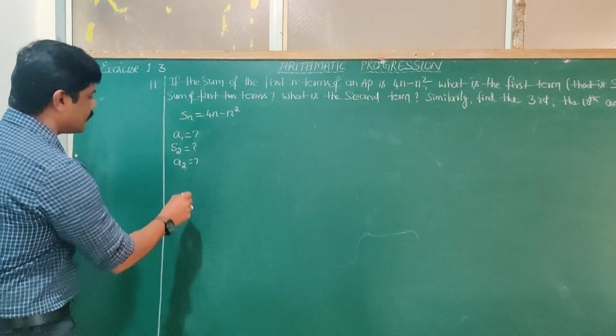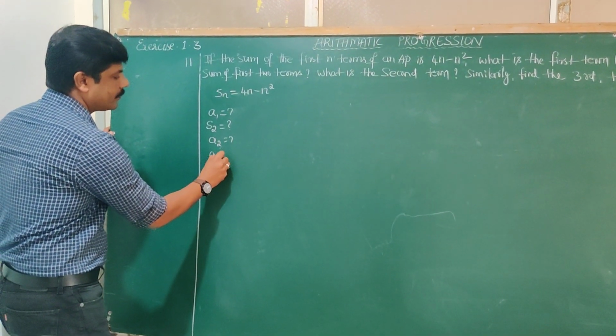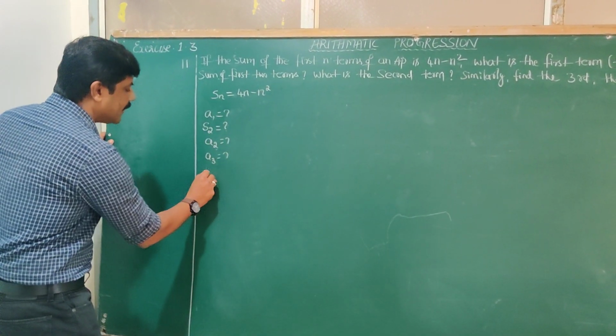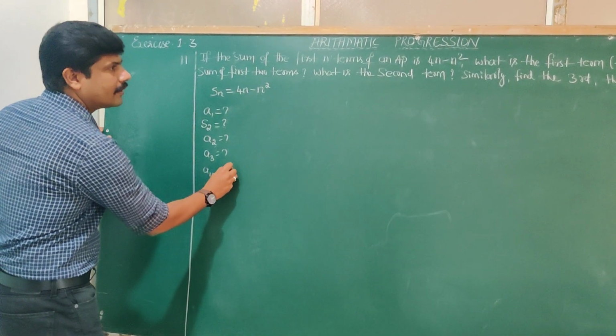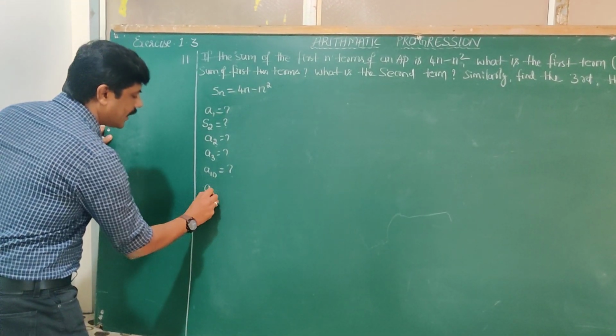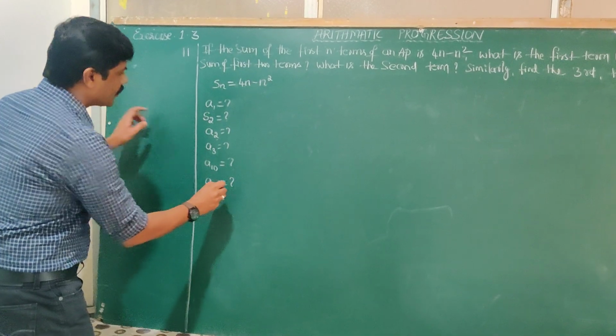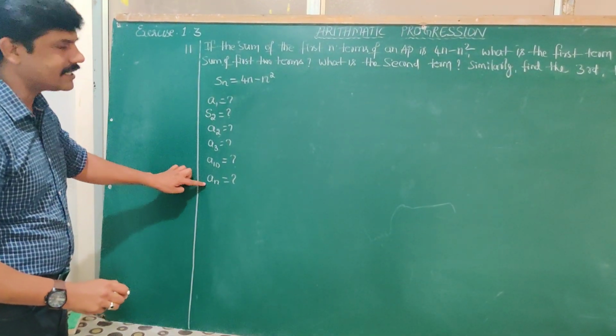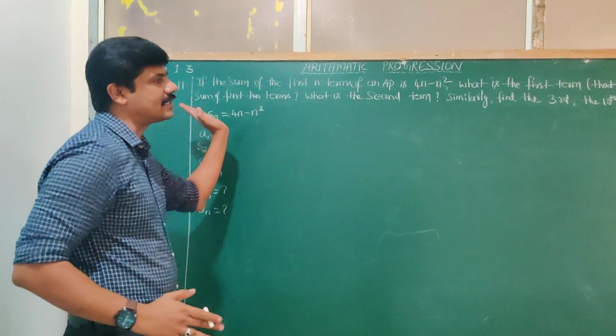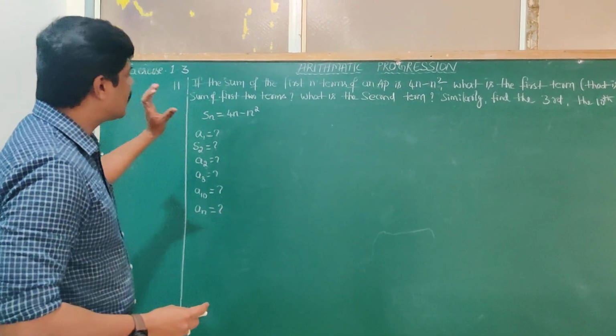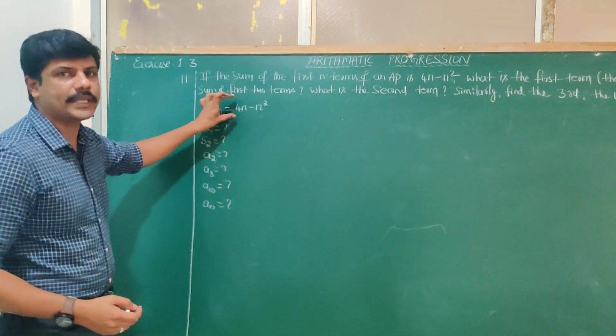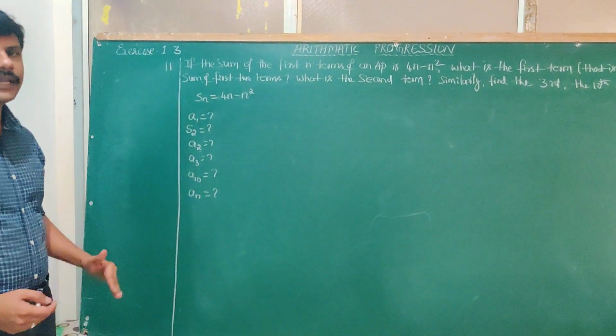Similarly, find the third term A3, the 10th term A10, and the nth term An. 1, 2, 3, 4, 5, 6: six questions asked in the same problem. But the thing is, only one clue is given. With this clue, we have to find everything.